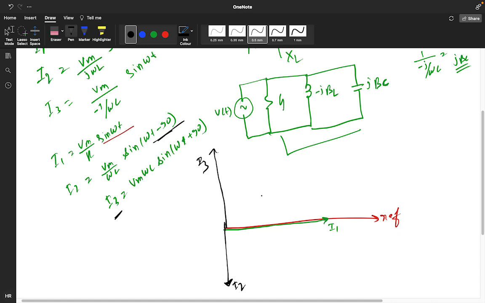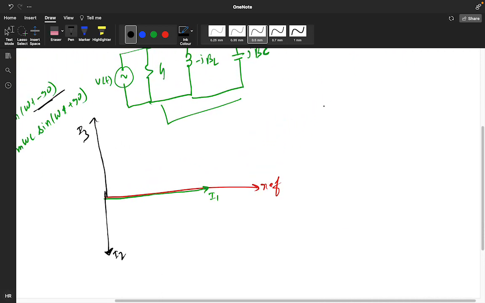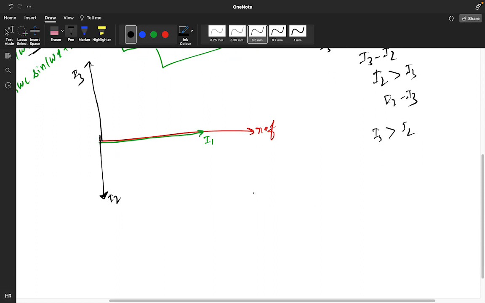Okay. So there will be a resultant value for this circuit. If your I3 is greater than I2, the overall resultant will be I3 minus I2. And if your I2 is greater than I3, the overall result will be I2 minus I3. So suppose I am considering my I3 is greater than I2. So from this value, some part of this will get subtracted.